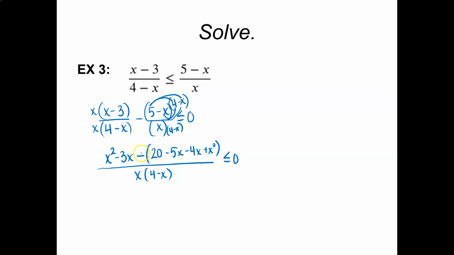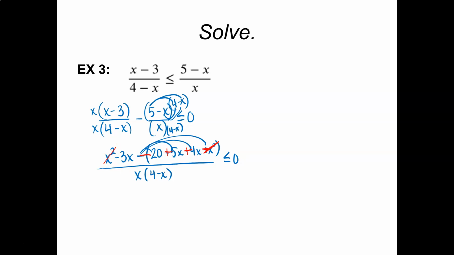And then this negative needs to be distributed to everything here. I'm going to do that in red pen. So this is negative, this is positive, this is positive, this is negative. That way we can go ahead and combine like terms. So you have a positive x squared here, but a negative x squared here, so those cancel each other out.